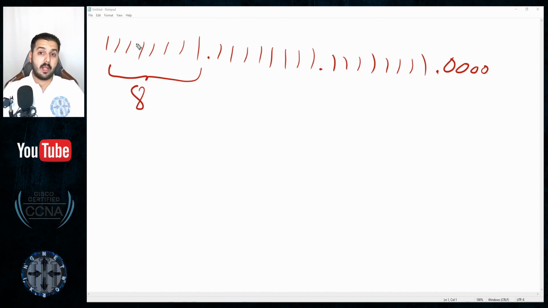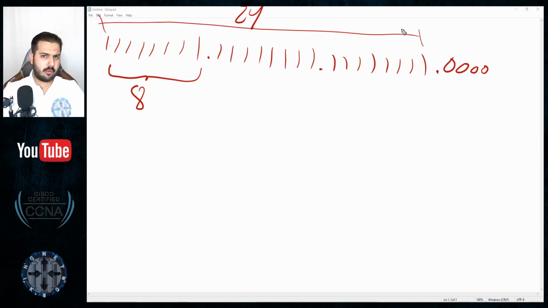So I know that because I have reached so far 1, 2, 3, 4, 5, 6, 7, 8, 9, 10, 11, 12, 13, 14, 15, 16 and 24 ones. So these are 24 ones, and I just suddenly saw a 0. This was a random example that my eye saw on the internet.